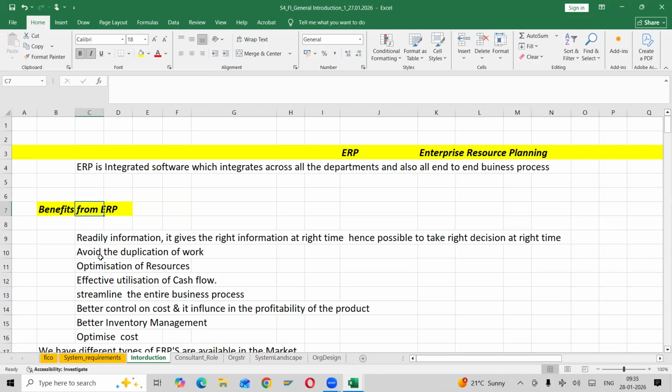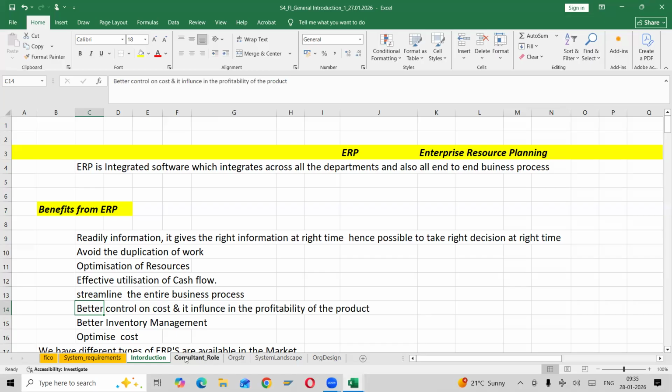Clear? Same thing, better control on cost. We can control the cost. We will come to know where the most wastage is going on, so that we can control it, which influences the profitability of the product. If you're cutting down your cost, your profit automatically increases.